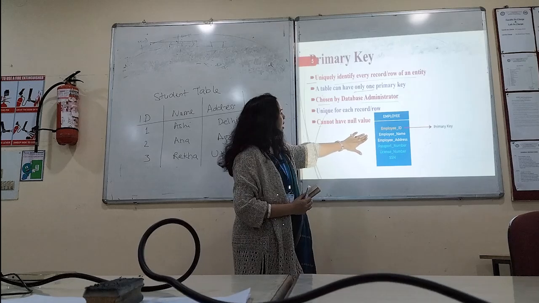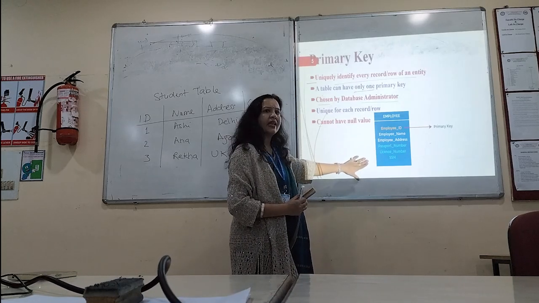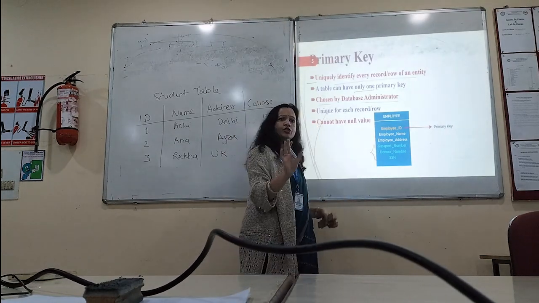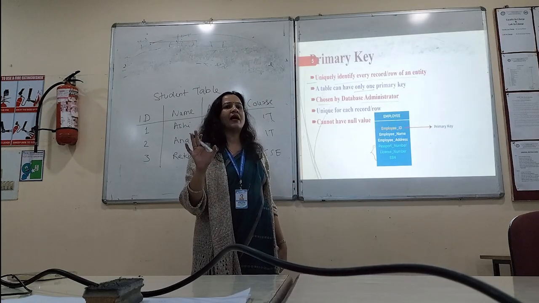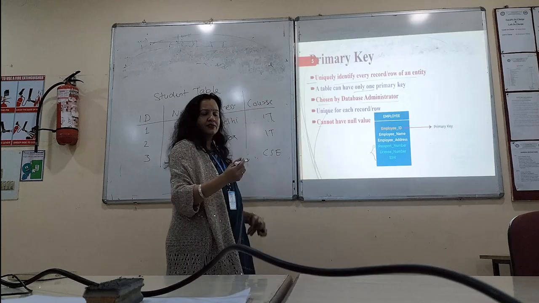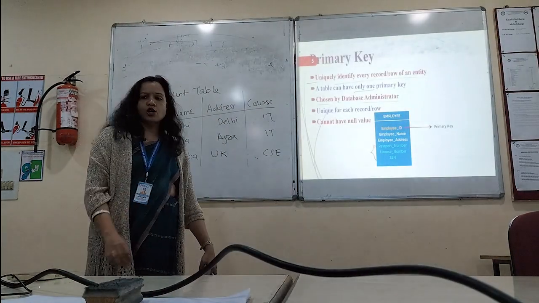Other attributes are employee name, employee address, passport number, license number and SSN. As I have told you, these can also be primary keys, but we haven't chosen these. We have chosen only employee ID as the primary key, though they have the properties to become a primary key, right?